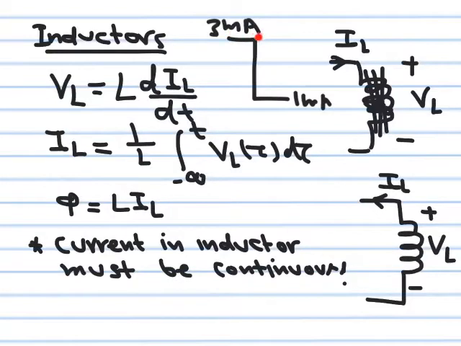Because simply the derivative at this point of the inductor current will be infinity. It went down by 2 milliamps in zero time. But if this derivative is infinite, this means you will have infinite voltage, which is not physical. So the current through the inductor will have to always change in a smooth way. It will have to go down gradually and slowly from 3 to 1.